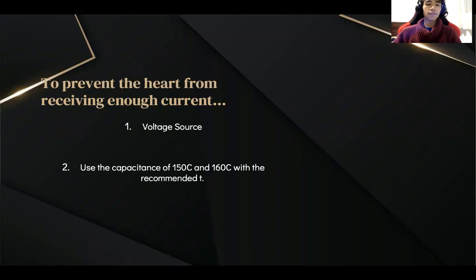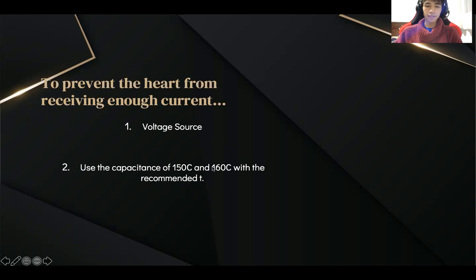Then, to prevent the heart from receiving excessive current, we have to be careful with the variable of the voltage source, which is the thing that will be charging our capacitor. And we have to be careful to use a capacitance of 150 coulombs, 160 coulombs, and 360 coulombs.